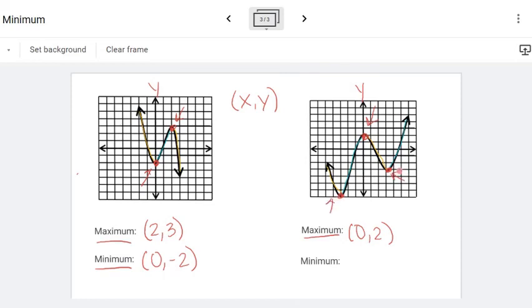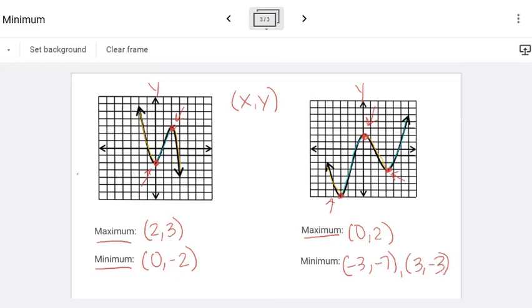I'm always going to go from left to right, so this one is the point (-3, -7): left 3, and then down 1, 2, 3, 4, 5, 6, 7, so -7. And my other point is positive 3, down 1, 2, 3, negative 3 since I went down.